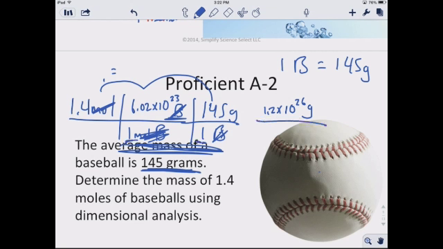So if we divide it by 1, guess what? It's just the same number. So that is how many grams 1.4 moles of baseballs have.